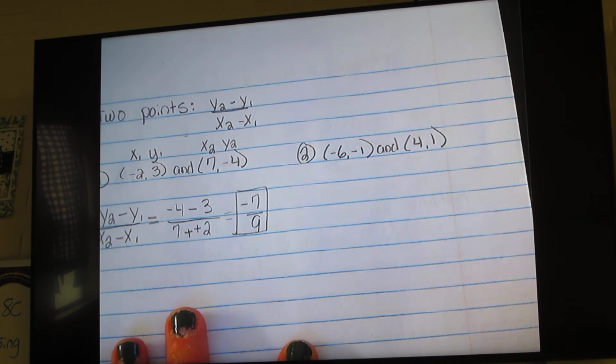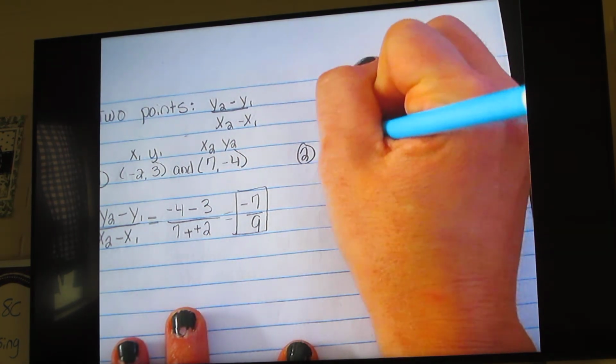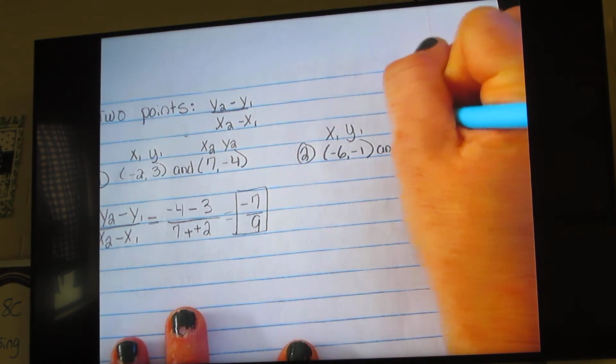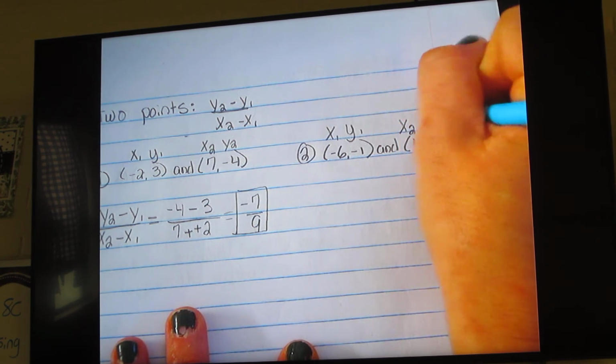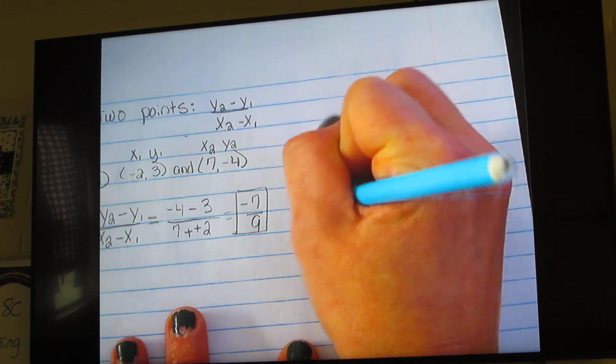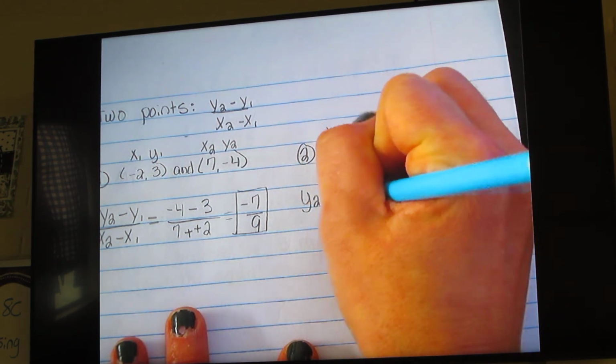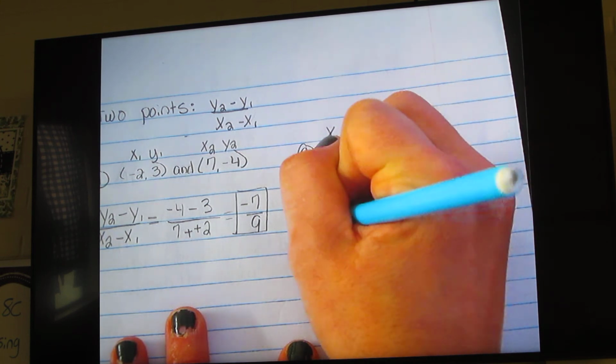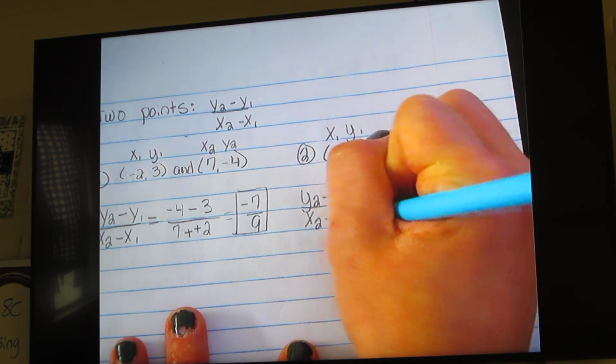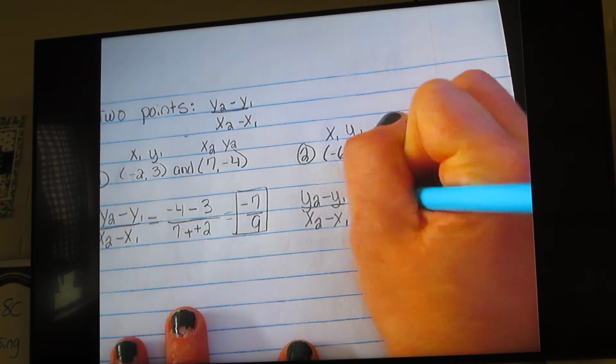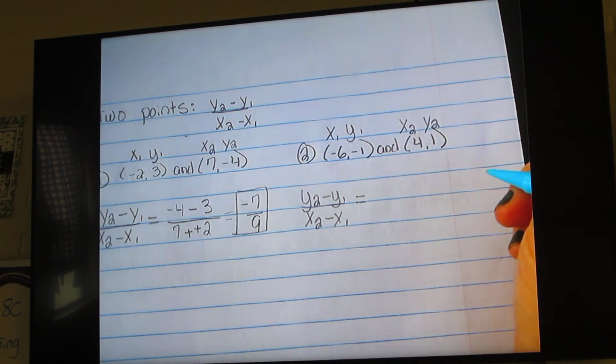Alright, let's try this one more time. So label my points, x1, y1, x2, y2, write my formula, y2 minus y1 over x2 minus x1, okay, equals, put things into my bowl.